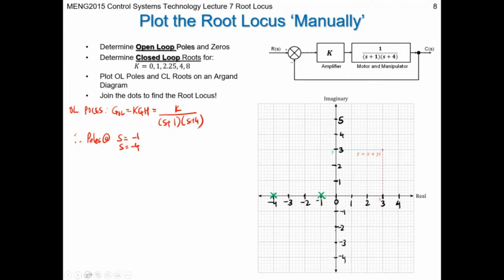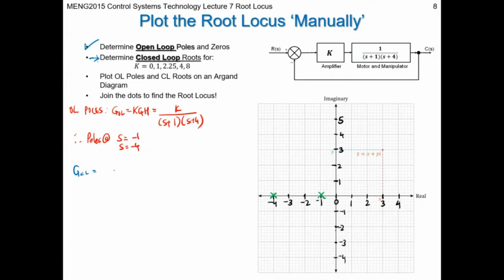So next we're going to move on to determining this one. So we've done this. Next we're looking at this: determine our closed loop roots for various values of k. So first of all, we need to get our closed loop transfer function, and that's going to be the forward path over 1 plus open loop.